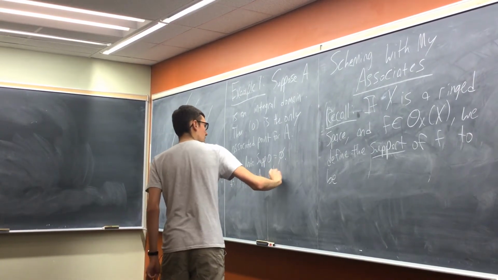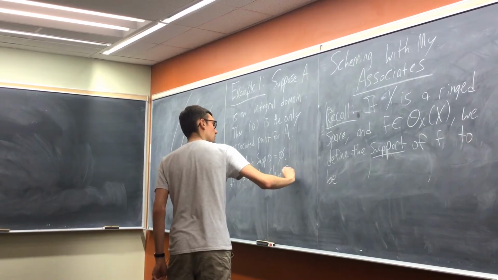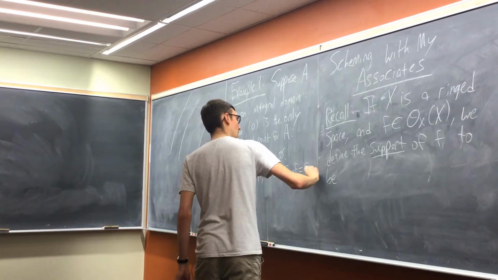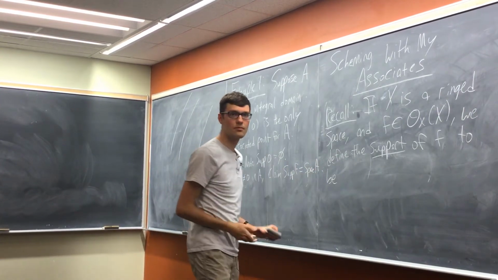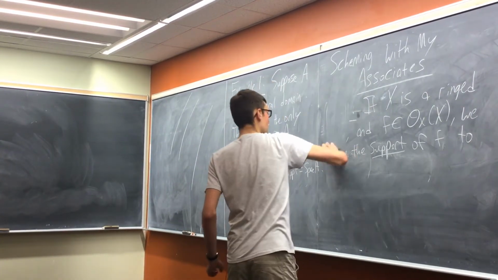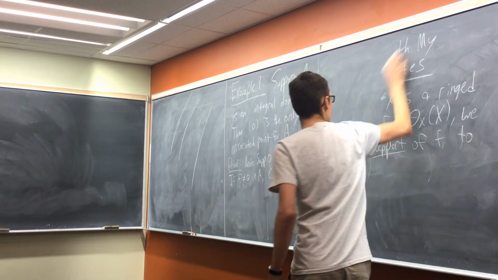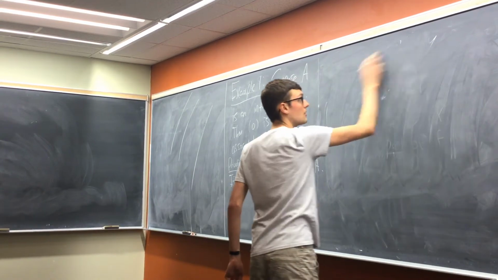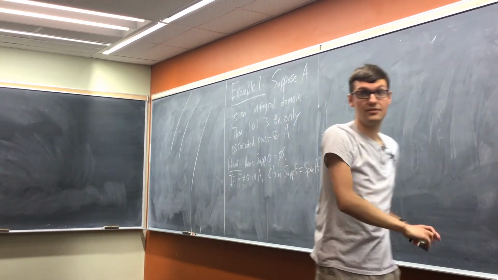Okay, now if I've got a non-zero element f of A, the claim is that the support of f is Spec A. This is just something we run through with the definition.